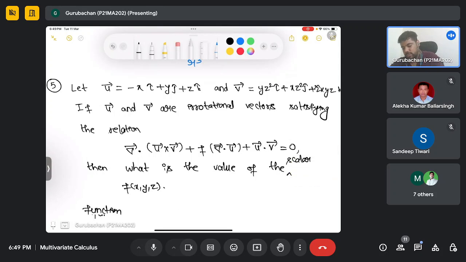We have given a vector u, we have given a vector v, and we have given that these two vectors are irrotational and they are satisfying a relation.